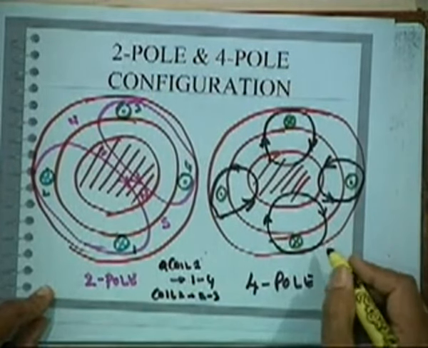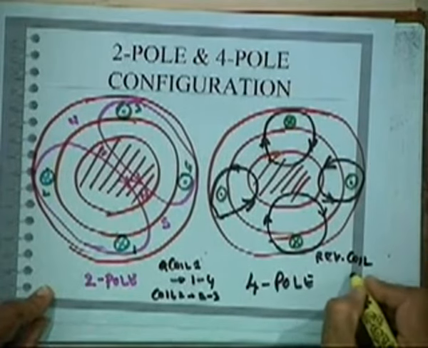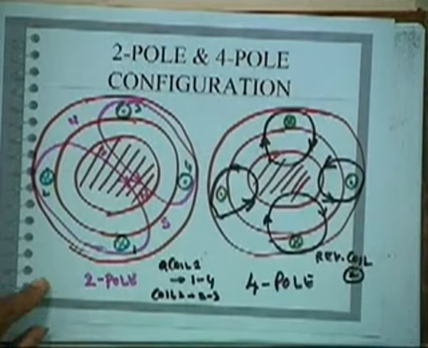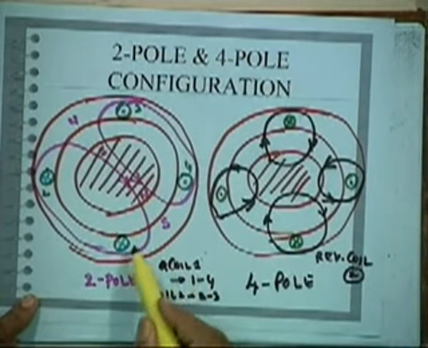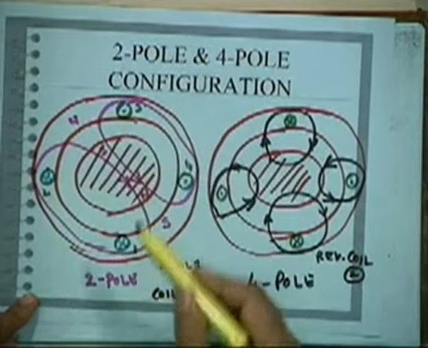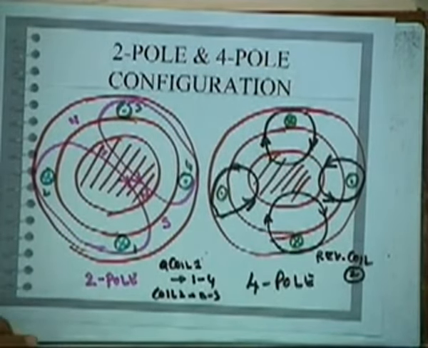So here what you have done is reverse coil 2. Only this you have reversed, isn't it? So you have maintained 1 4 as one coil, and 2 3 as another coil. You just reversed it. So you automatically have made 4 pole out of this.